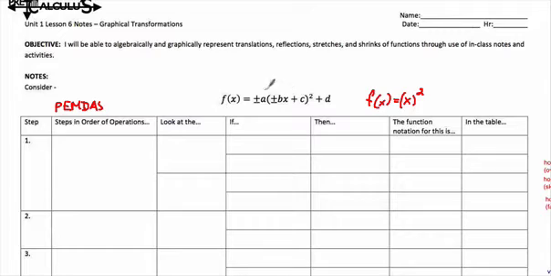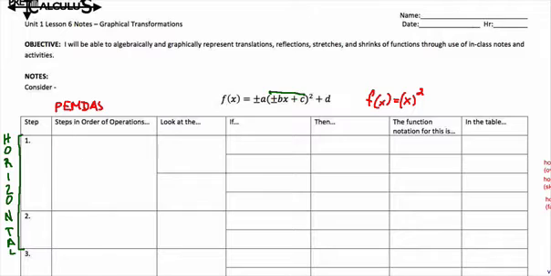This c would happen next. Steps 1 and 2 happen inside the parentheses, and these all happen horizontally. Everything that happens to x inside the parentheses affects the function horizontally.